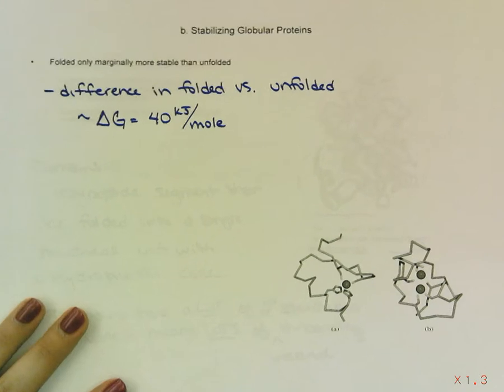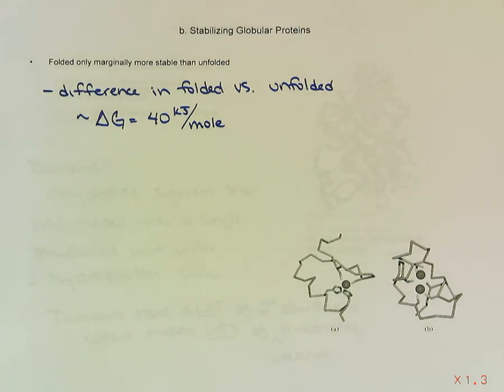A folded protein is only about 40 kilojoules per mole more stable than an unfolded protein, which on the scale of delta G is pretty little.